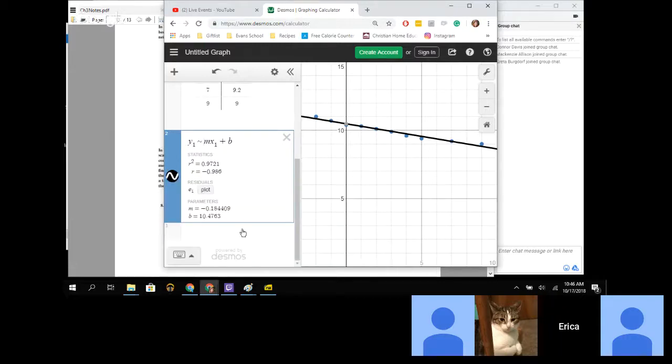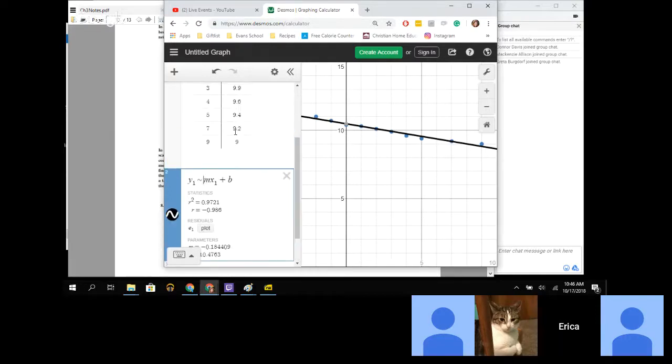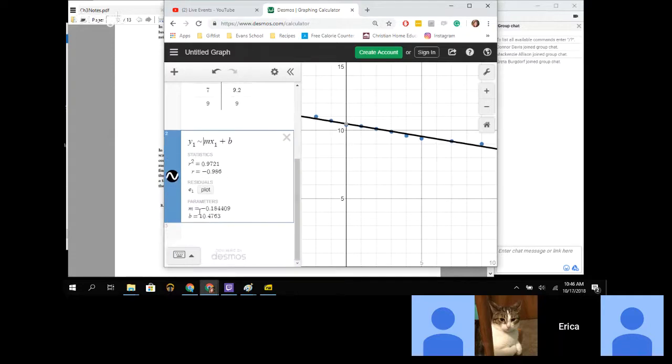Then it tells you that to model this data, I get a slope of -0.18449 and a y-intercept of 10.4763. This is how you model the data.